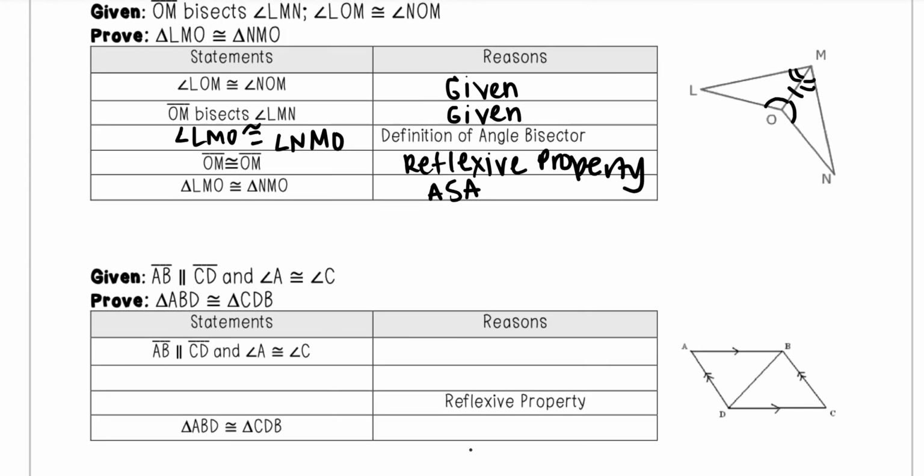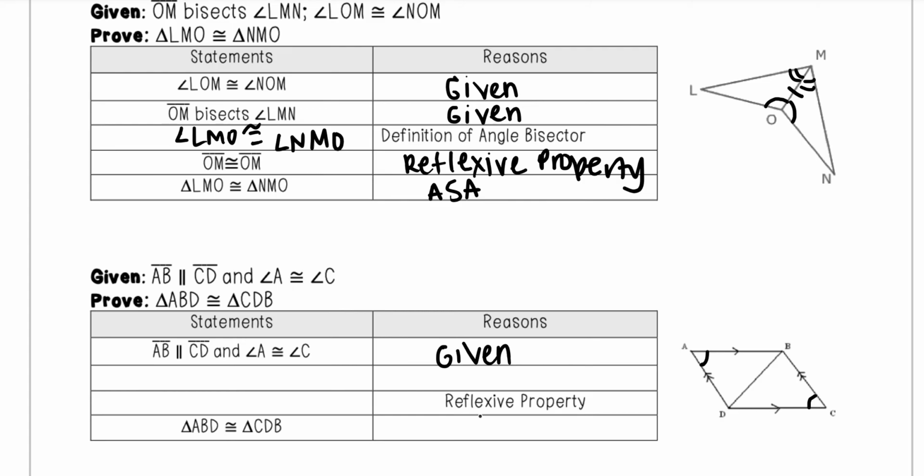In our last proof, we were given that AB is parallel to CD, and that angle A is congruent to angle C. When we look here, we have AB is parallel to CD, and A and C are congruent. So those are given. Then we're going to look in our diagram.